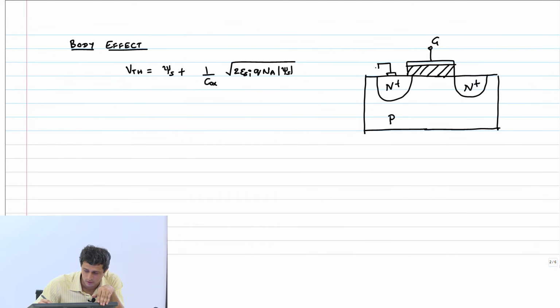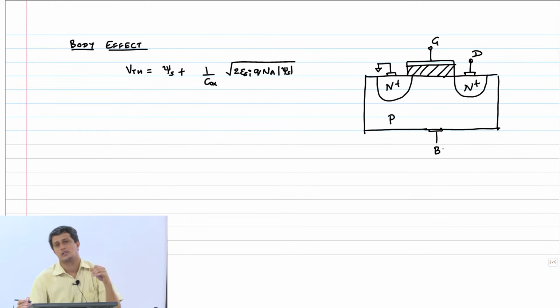This source we assumed was grounded, that was our reference terminal. This is the drain, and this contact is basically the body. We assumed that the body was also grounded earlier, basically at the same potential as the source. But of course this is a fourth terminal and there is no need to tie it to the source always. You can always apply a different potential on that body terminal.